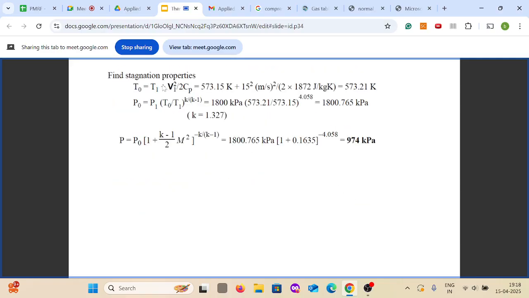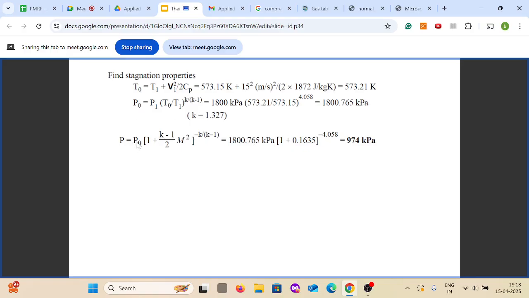Next is we need to find out what pressure should the exit be for it to reach Mach number of 1. So these are the corresponding stagnation property when gamma is 1.